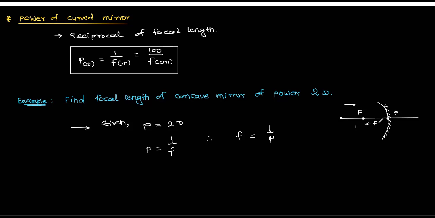So whatever this focal length is, it is negative. Therefore, f is equal to 1 by 2, and that is also minus. So 1 by 2 is minus 0.5 meter. If you want to convert into centimeter, then f is equal to minus 50 centimeter. This is your focal length.